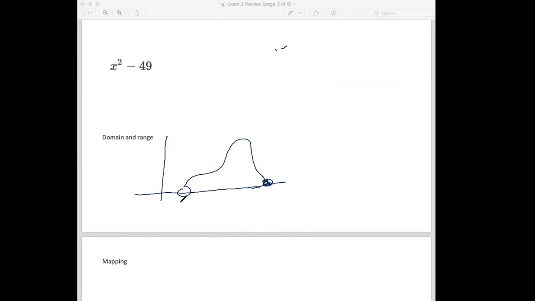Maybe this is 2, maybe this is 18, and let's say this is 20. The domain in this would be 2 to 18, which is the same as 2 less than or equal to x less than or equal to 18.